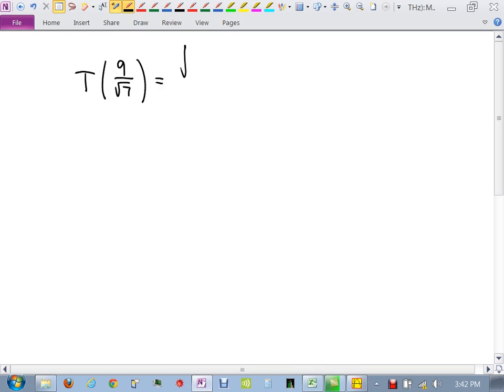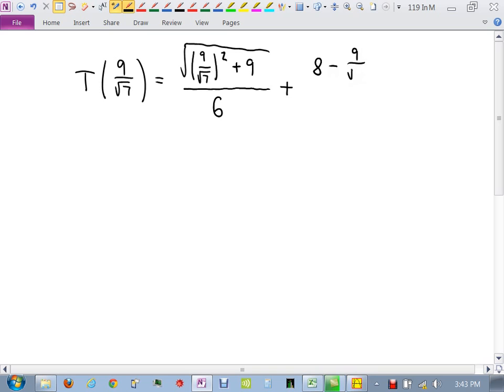It's going to be the square root of 9 over root 7 squared plus 9 all over 6. I'm going back to the original one. Plus 8 minus, are you serious? 9 over root 7 all over 8.